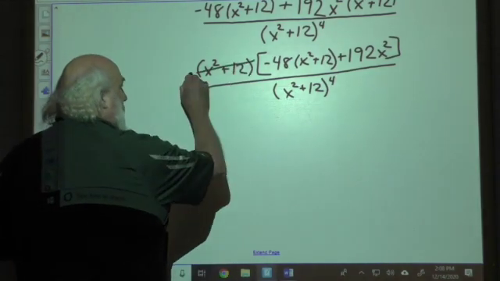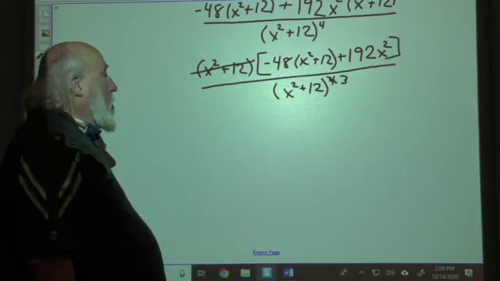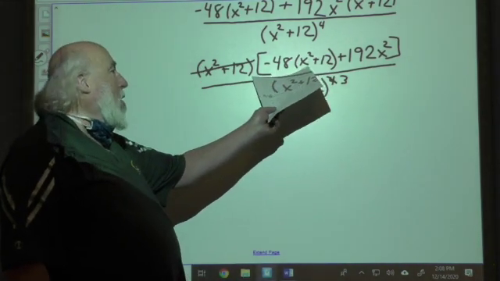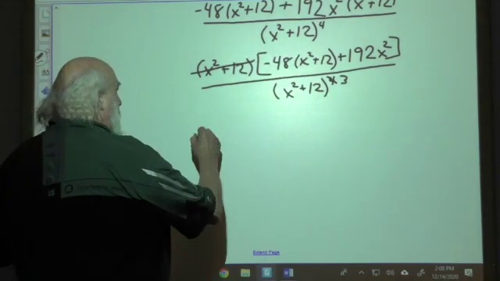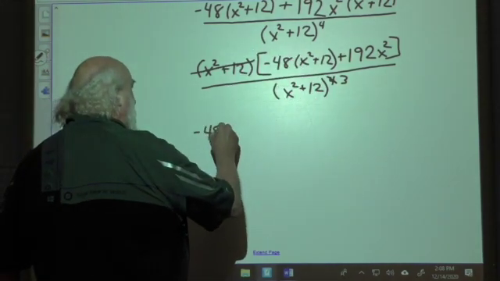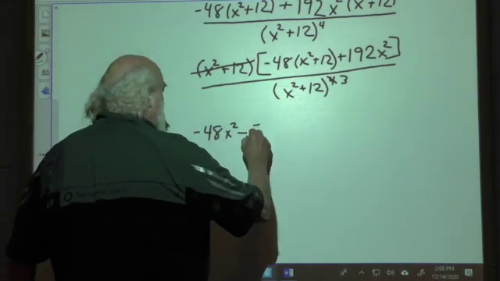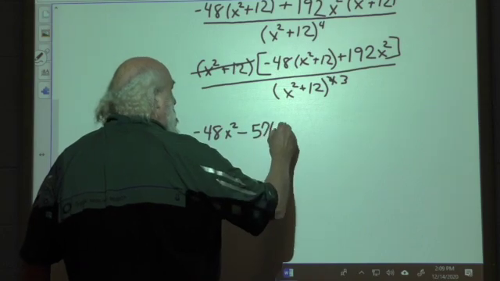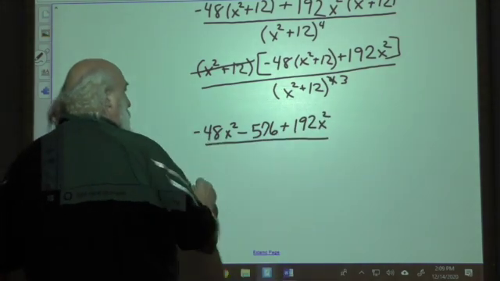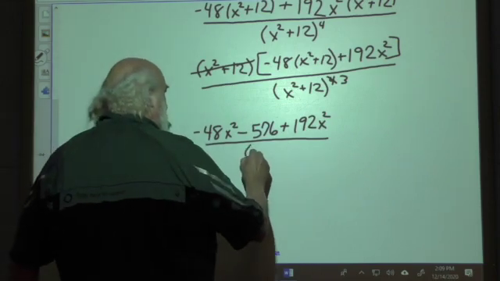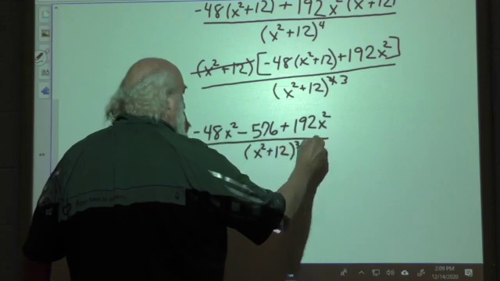Now, this will cancel out one of these right here to leave this cubed. At this point I'm going to multiply negative 48 by these two right here. That gives me negative 48x squared minus, 48 times 12 comes out to be 576, plus 192x squared, over x squared plus 12 to the third power.